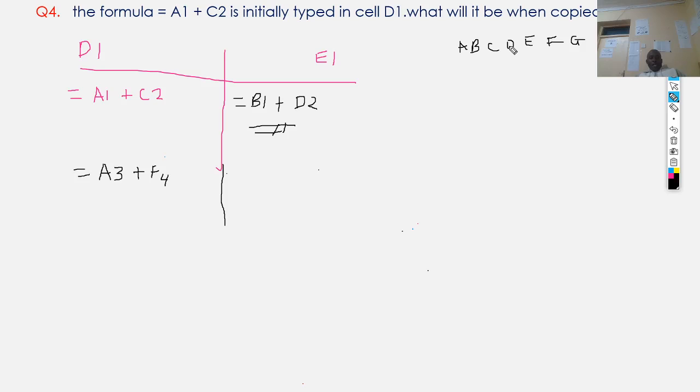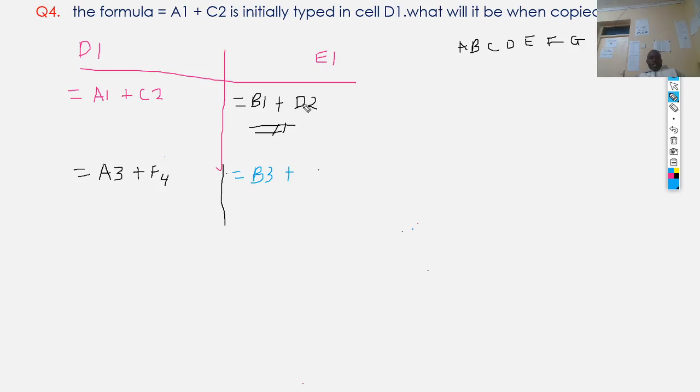At D, it moved how many steps to A? 1, 2, 3 steps to A. So at E, it also moves 3 steps backwards to get to B. So the formula must start with an equal sign, then B. What about the number, 1 to 3? 2 has been added, meaning here at 1 we shall also add 2 to get 3, B3. It will be B3 plus.